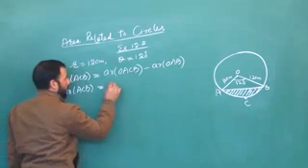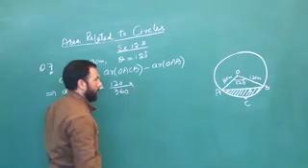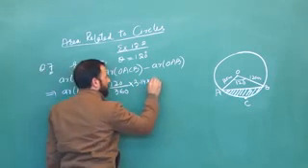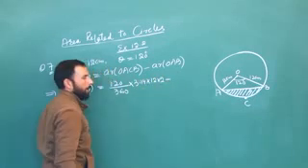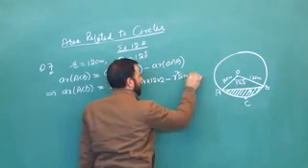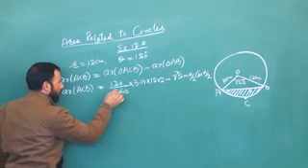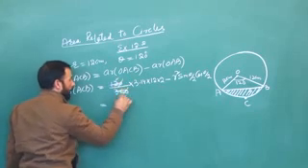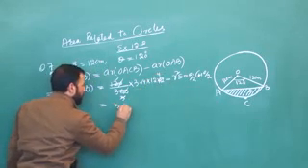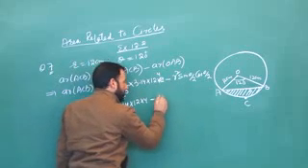Theta is 120 divided by 360 into pi, the value of pi is 3.14, into r square, r is 12, so 12 into 12, minus area of a triangle, that is r square sine theta by 2 cos theta by 2. 120 by 360: the zeros cancel, 12 threes are 36, it becomes 1 by 3. It becomes 3.14 into 12 into 4, minus r square, which is 12 into 12.